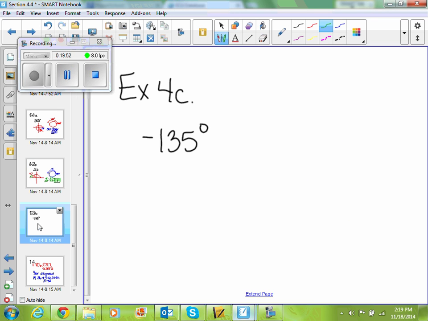And then the last one is negative 135 degrees. Like I said, we're always working forwards. Negative 135, there's 90, so negative 135 is somewhere right there.